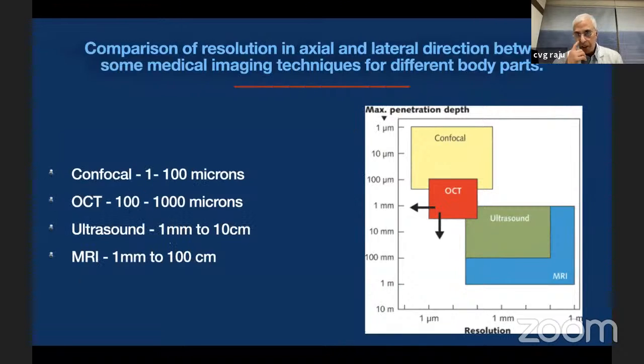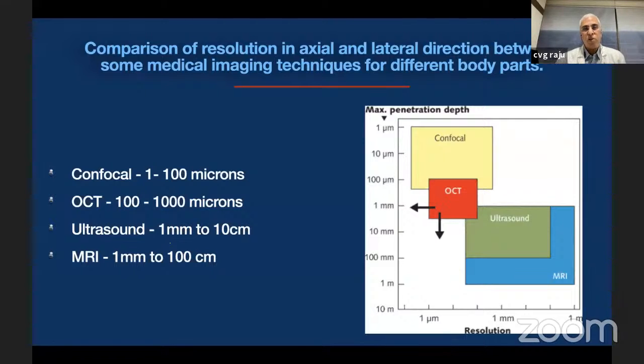Before that, regarding resolution in medical imaging technologies, confocal technology has a resolution of less than 100 microns, whereas OCT has a resolution of 100 to 1000 microns. So that is adequate for our retinal analysis.